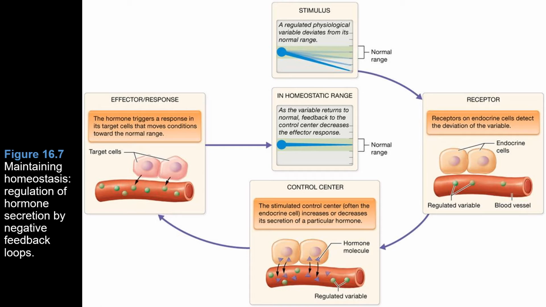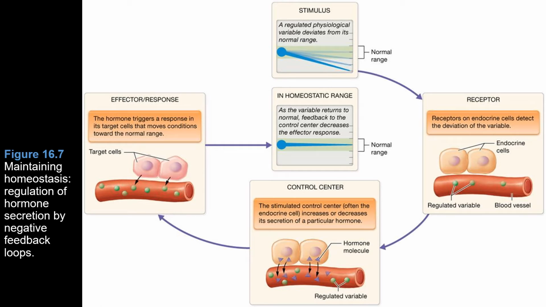And this is essentially the hormone triggering a response in its target cells that moves conditions toward the normal range. So this hormone secreted by the endocrine cell, the control center, enters the blood and reaches its target tissue or tissues, where it triggers those changes that return the variable to a normal state, the normal range.